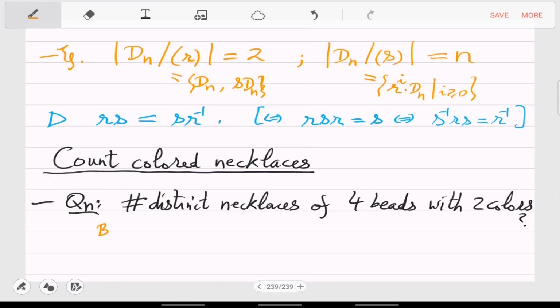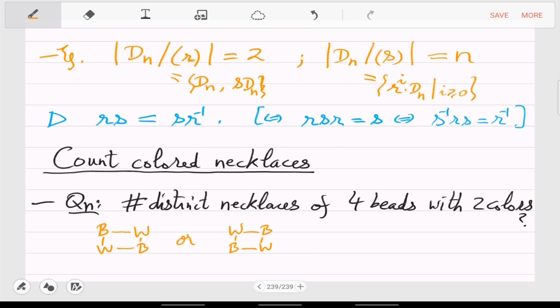So you have black, white, black, white, or you can have white, black in this order. So are these two the same necklace? Why is that? Because if you apply R, then the first one becomes equal to the second, right? So we basically want to count the necklaces modulo the symmetry.